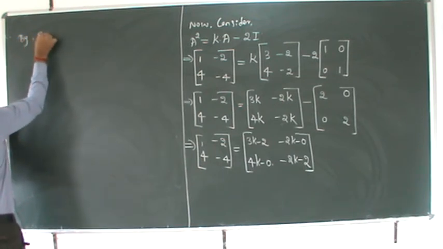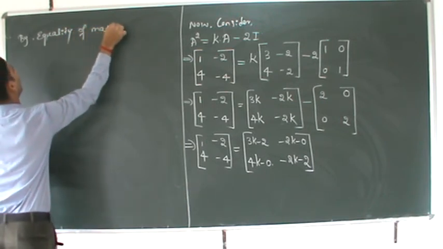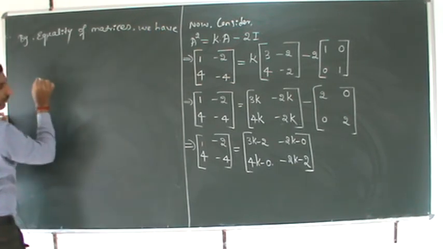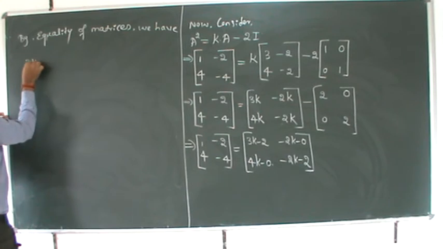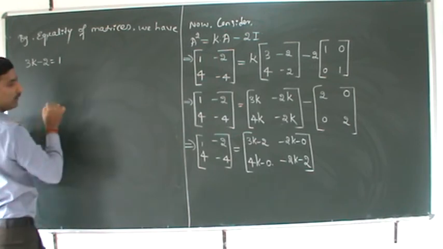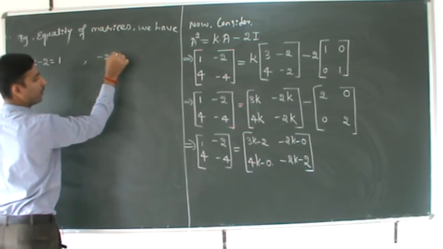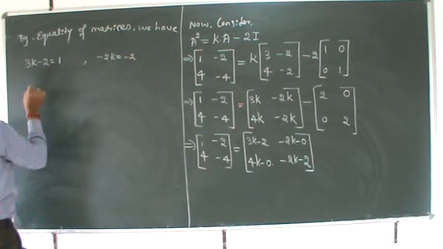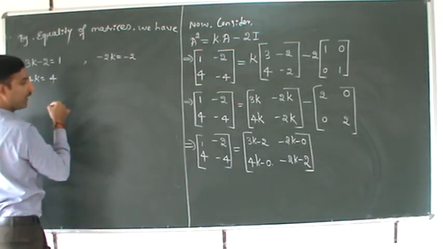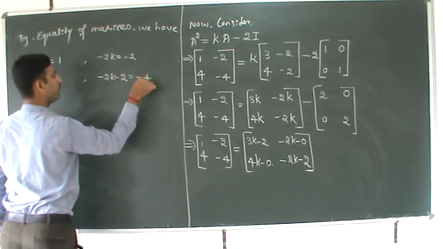By equality of matrices, we have 3k minus 2 is equal to 1. Minus 2k is equal to minus 2. 4k is equal to 4. After that, minus 2k minus 2 is equal to minus 4.